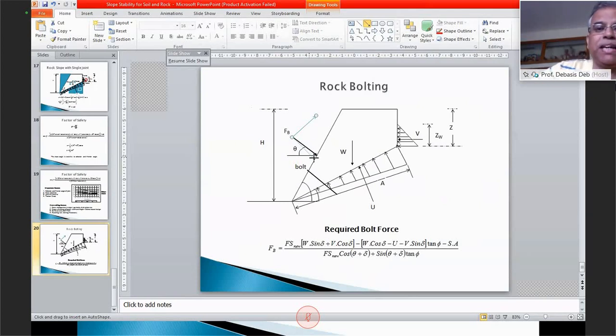But when it becomes a high wall, that means no more mining will be done and this is the ultimate pit slope, in that case we do bolting. We recommend bolting because that slope will not be inspected or surveyed for many years. So you better make bolting and make it a kind of permanent slope. So bolting does apply in mining conditions also.